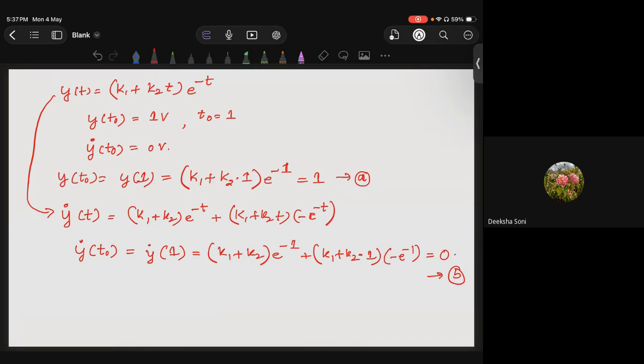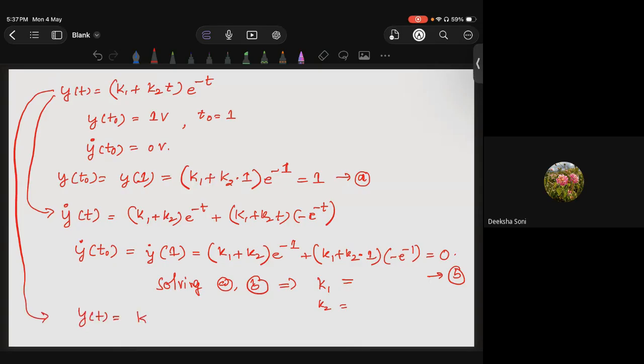Okay. Now from A and B, solving A, B, you can find the values of K1 and K2. Once you have K1, K2, again from here we have the y of t expression. You substitute those: K1 expression plus K2 expression multiplied by t e power minus t.